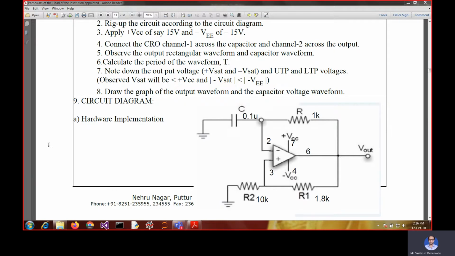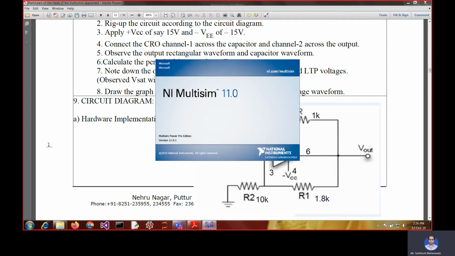It will take some time to load. Here we are using the Multisim 11.0 version. In this experiment, we should have resistors, a capacitor, and an op-amp.